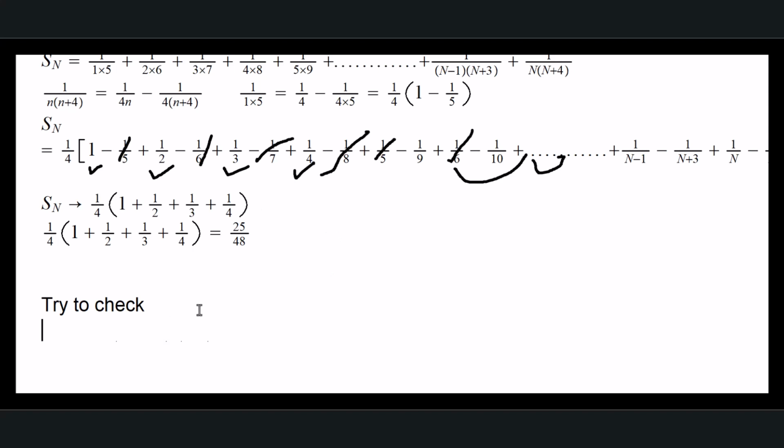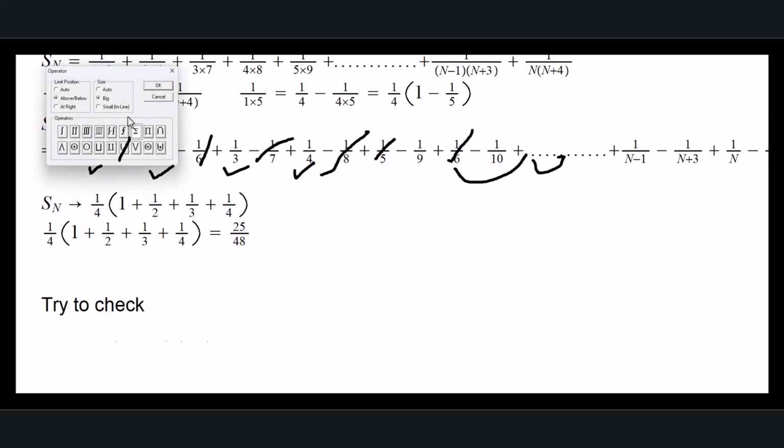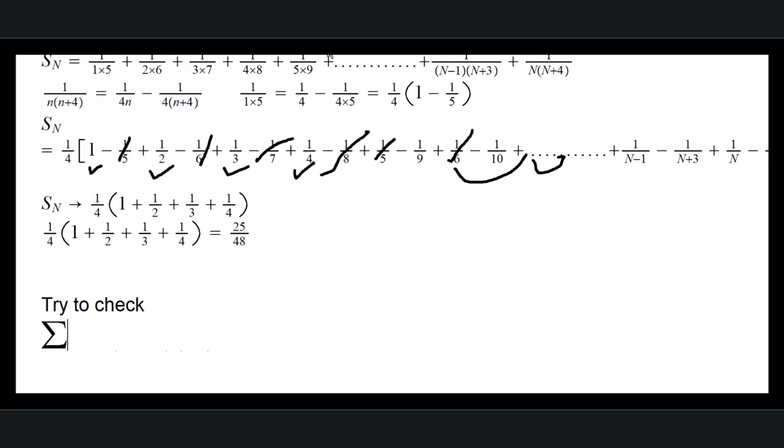That is, say I have a series of this type, a series n goes from 1 to infinity, and the form of the series is f of n minus f of n replaced by n plus k, where k is a fixed positive number.